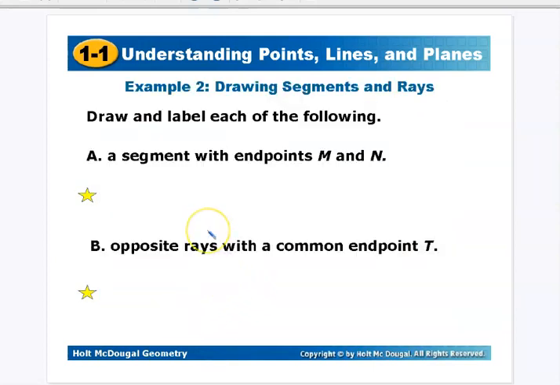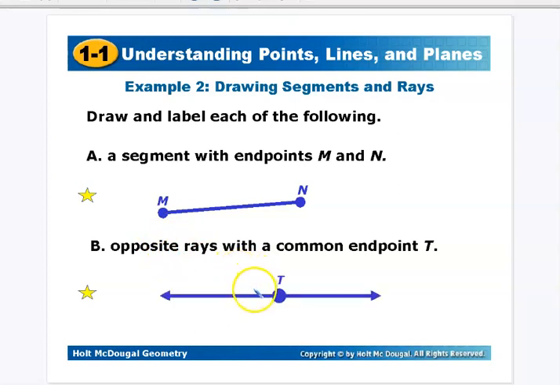All right, let's practice drawing some of these terms. Let's try a segment that has endpoints M and N. If you need to, pause the video, draw a segment with endpoints M and N, and then draw opposite rays with a common endpoint T. For part A, this would be a line segment with our endpoints M and N. And for opposite rays with a common endpoint T, there you go.